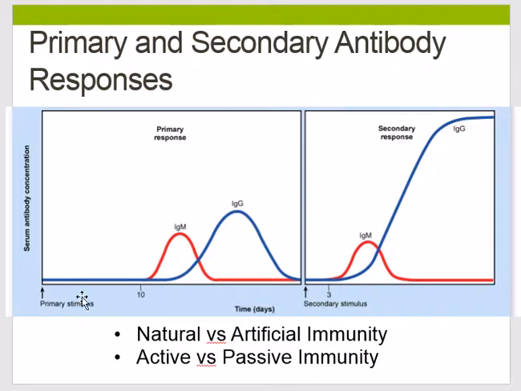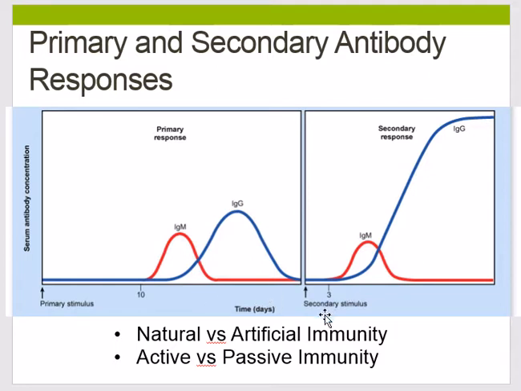And as you can see in this diagram, after so much time that our body has been exposed to this antigen, we're going to start producing immunoglobulin M and immunoglobulin G. This happens usually over the course of the next few days. Once the antigen is dealt with, you can see that there is then a drop in both, returning to baseline.